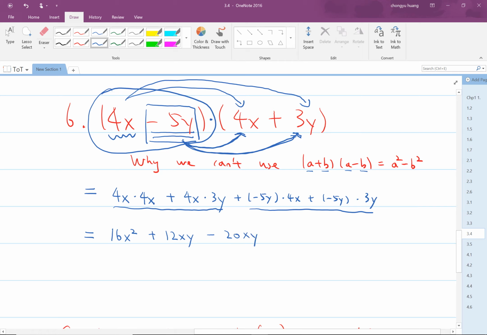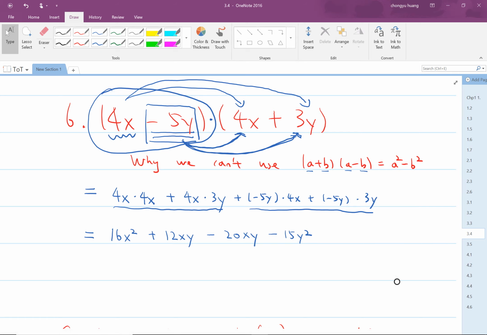And then we are on our last term. We have negative 5y multiplied by 3y, so it's going to be negative 15y squared.